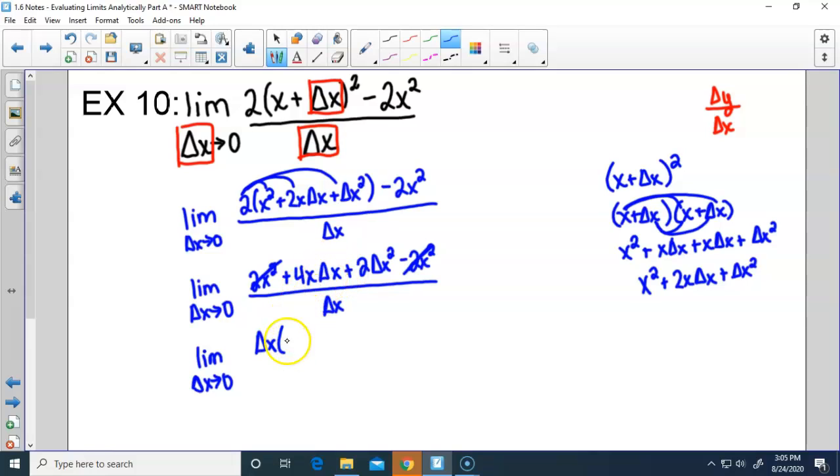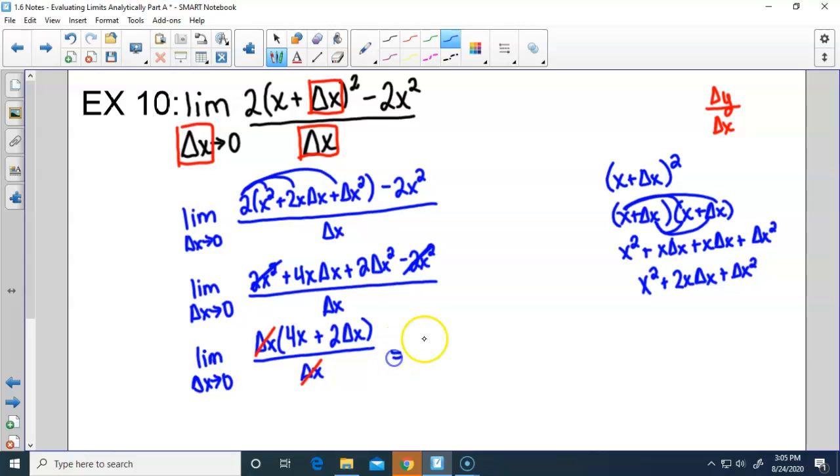If we pull out a delta x, we'll be left with a 4x for the first term. And we've got 2 delta x's here where that's squared, so we would be left with just 1 delta x if we pull one of those out. And we still have our delta x in the denominator, which is good because that delta x can cancel with the delta x in the numerator.